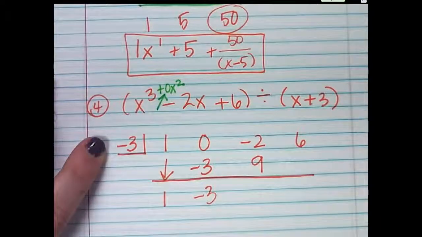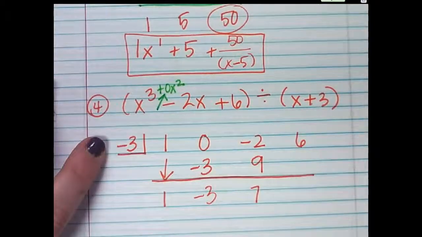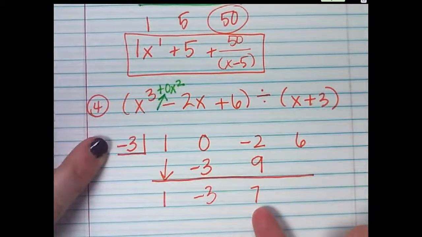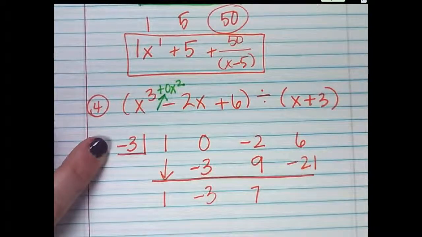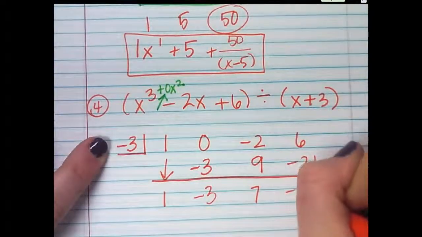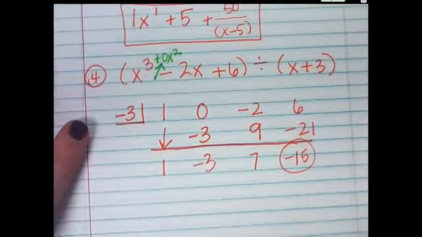Good. And then add again. Negative 2 plus 9 is 7. Multiply again. Negative 21. And then negative 50. And as soon as you finish, maybe circle that or something so you know it's going to be your remainder.